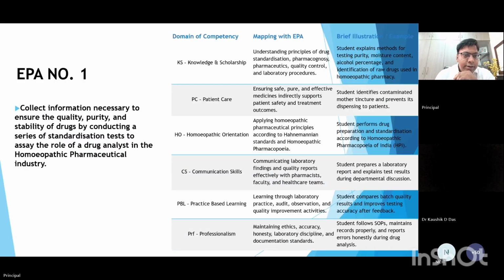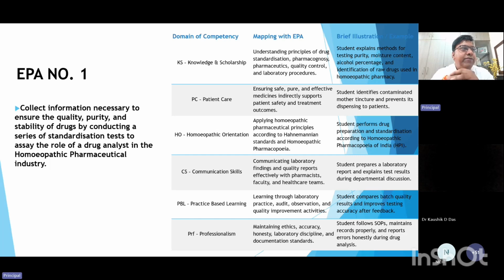Now, this slide is very important for all of us today because this is showing the practical implementation of the tables which are given in the curriculum. Please focus on this slide.